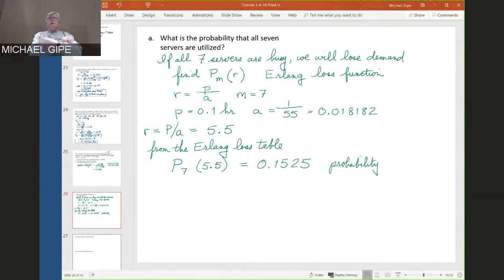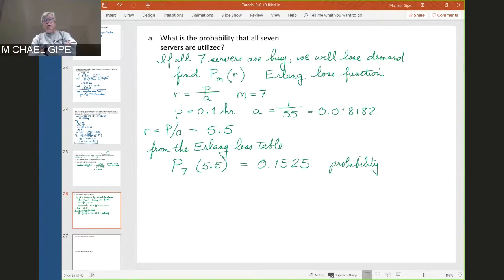Notice what didn't show up here. First thing, the coefficient of variability for the inter-arrival time is assumed to be 1. So that's given in the formula. The other thing that we didn't have to supply here is the standard deviation of the processing time.